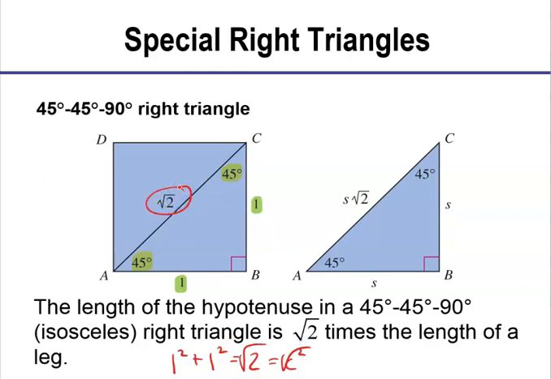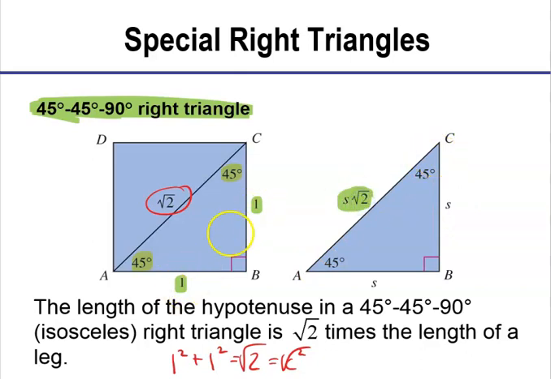Okay? Well, for any side length, not just for one, but for any side length, as long as you have a 45, 45, 90, and notice that's the way it's named up here, a 45, 45, 90 degree triangle, then no matter what these side lengths are, the relationship to the hypotenuse is going to be s square root of 2.